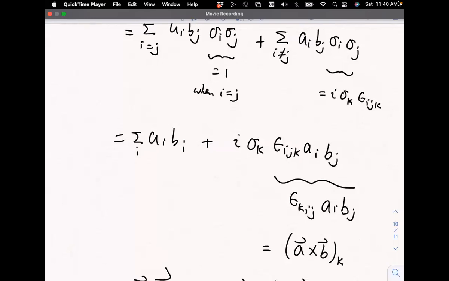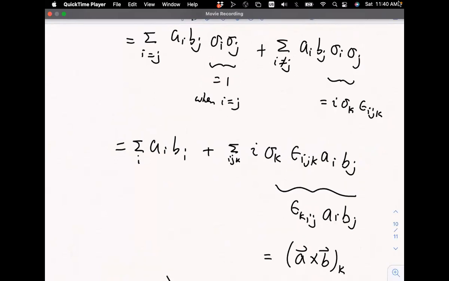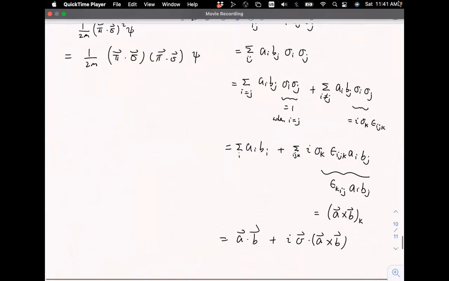The i not equal to j, k is already taken care of by this symbol, because when they're equal, this symbol will be 0. So that is the equation.